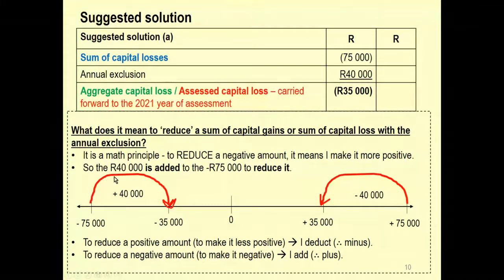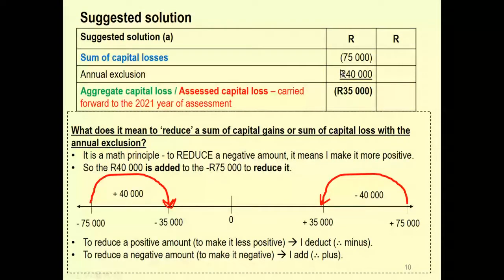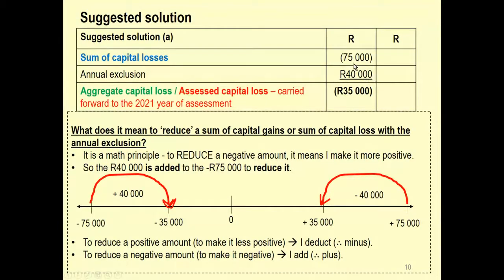If I had subtracted 40,000 Rand, I would have ended up with negative 115,000, which is not the case, because then you're not reducing with 40,000 Rand. So if I have a sum of capital losses of 75,000, I reduce that with the annual exclusion, that means I have made my sum of capital losses less, and I am now left with 35,000 Rand.